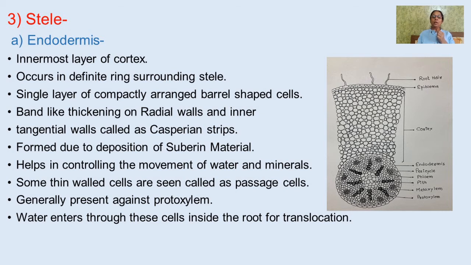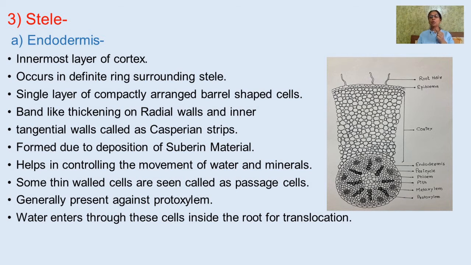Now, this endodermal layer has the function to control the movement of water from the cortical region to the inner side of the stele, that is towards the xylem portion. In the endodermal region there are some cells without Casparian strips, and they are thin walled cells.